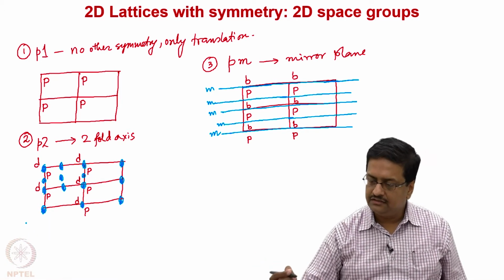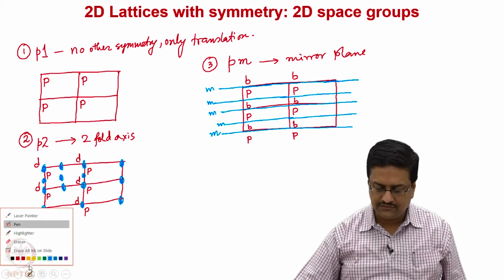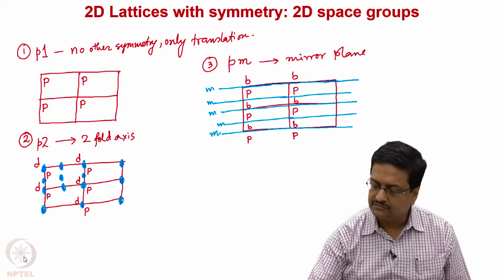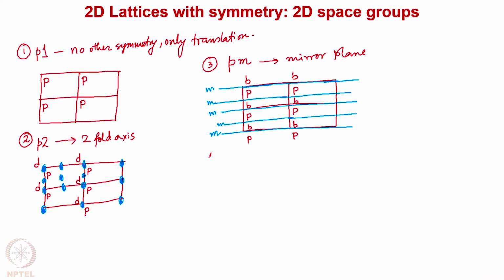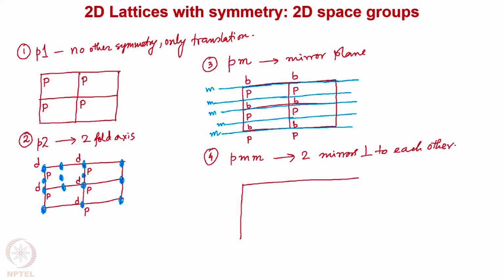Now let us see the fourth type of lattice in this two-dimensional space lattices, number 4, which is PMM. That means it has two mirrors perpendicular to each other. So how is it going to look like? Once again, we first need to draw the combination of 4 lattices, 4 unit cells rather.